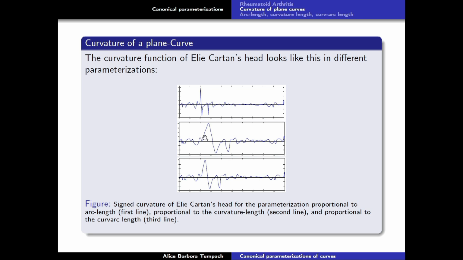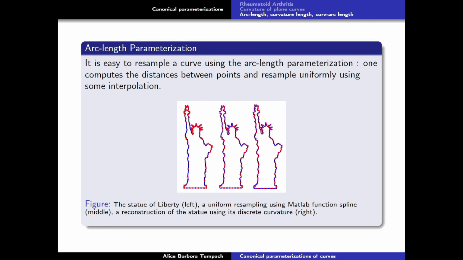So you see the difference: in the second line, for instance, you change the parameter space of your curvature function. So for instance, here you see that you will take more parameters for the part of the curve where there is a lot of curvature. This is the idea. So we will see in a moment.